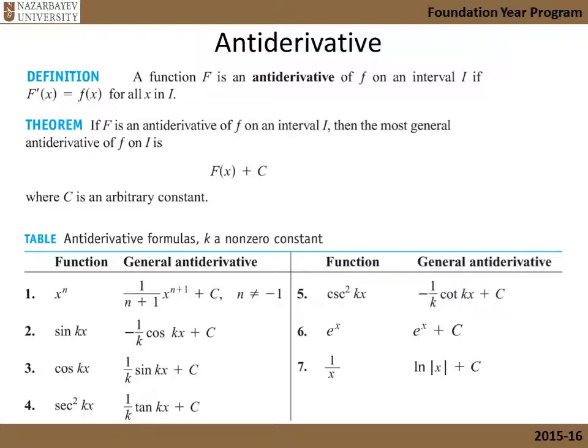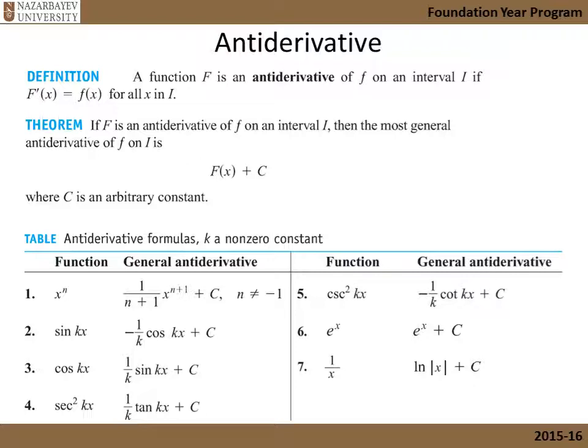Also, we can note, if we look at numbers 2 and 3, if we have the function sine or cosine, our antiderivatives will contain the functions oppositely, cosine and sine. And let's look at number 6.